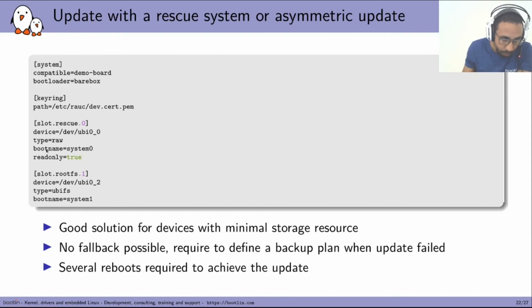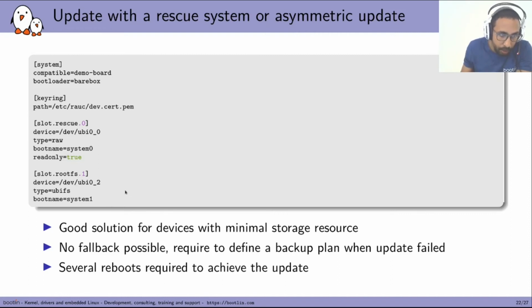We want to boot on the rescue system, then we will use the RAUC mark status to reboot on the rescue system, and then from the rescue system we can update the root file system based on USB, or a local storage, or even the network if we want.